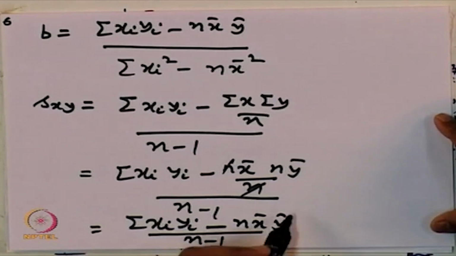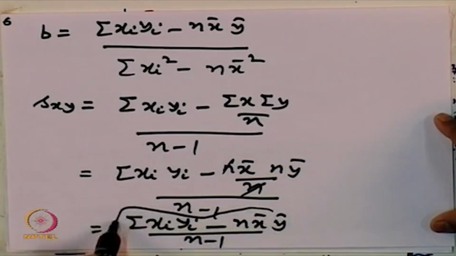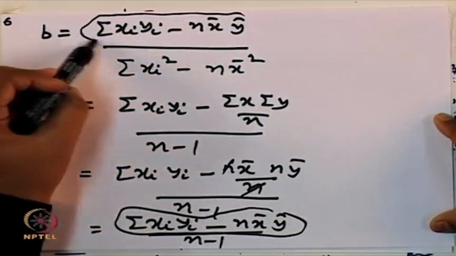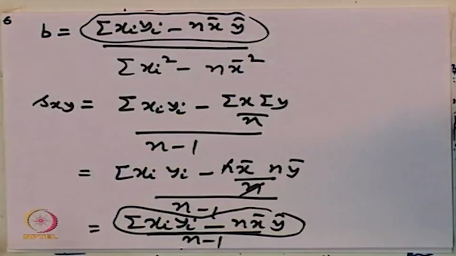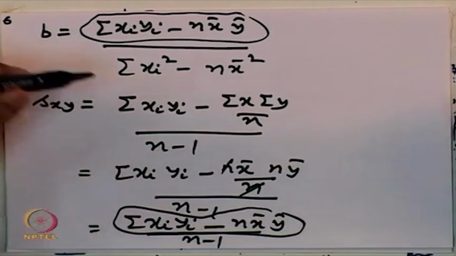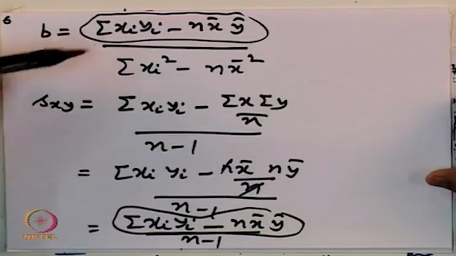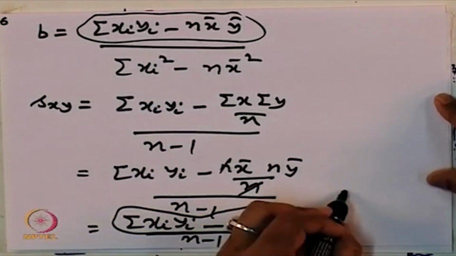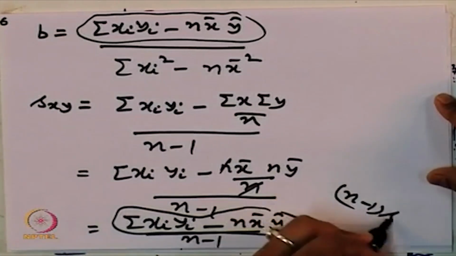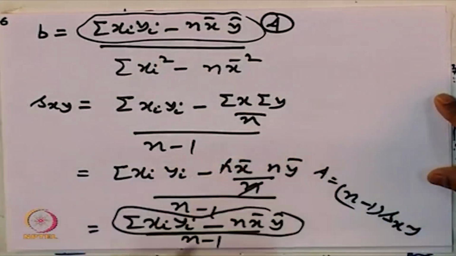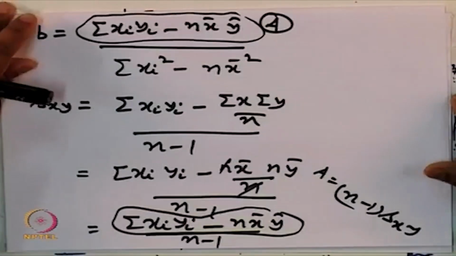So, in other words, you see that this whole term is nothing but n minus 1 into s x y. Let us see what the denominator is.